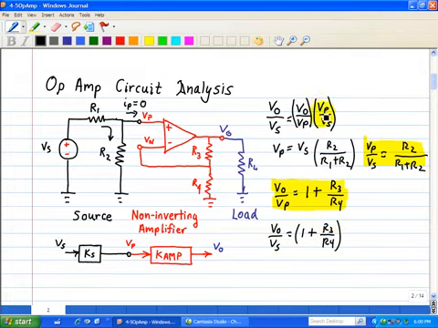And then we have VP over Vs, which is governed by this relation, in which we use the voltage divider, R2 over R1 plus R2. And that's our relationship between our output voltage and our input voltage.